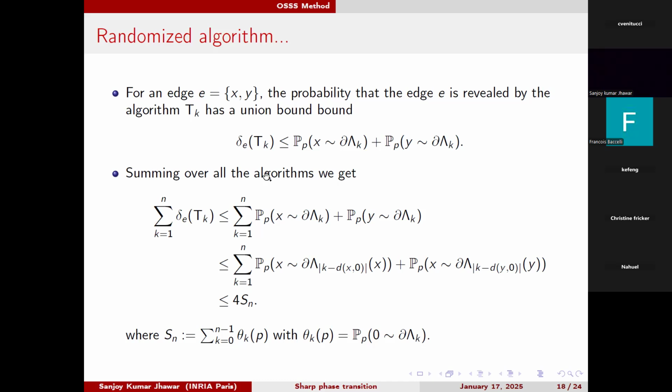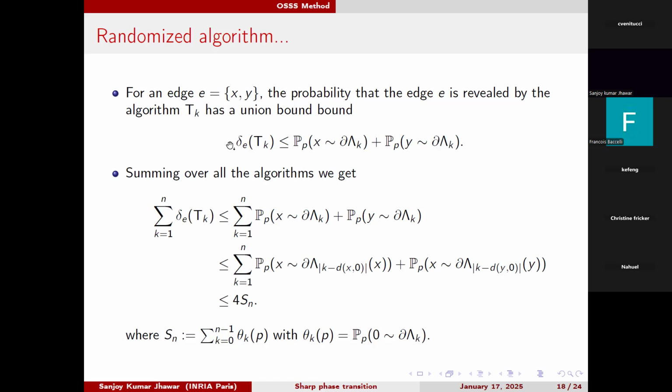Let's say for algorithm Tk, you reveal a particular edge e, that is x comma y, with probability delta e of Tk. Since you start exploring from the boundary of lambda k, from this point x you have a path to the boundary of lambda k, and from this point y you also have a path to the boundary of lambda k.